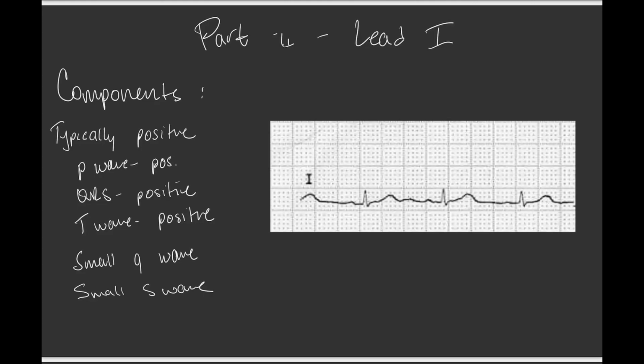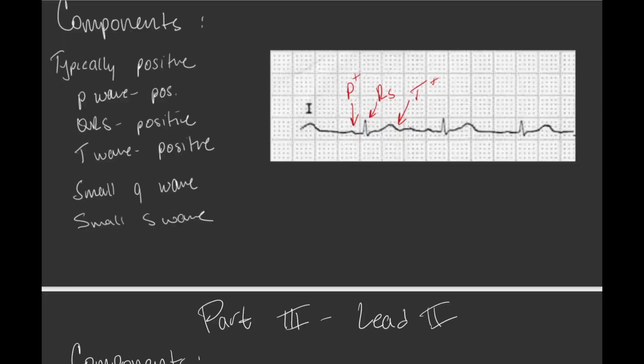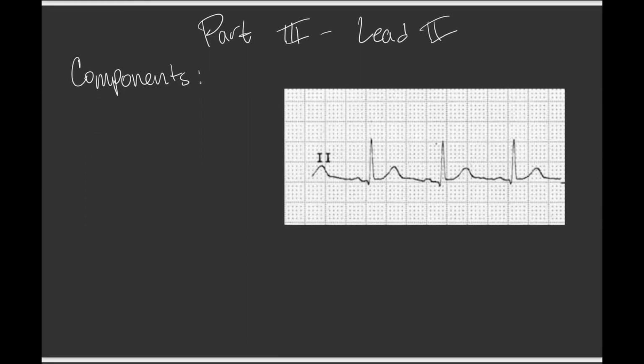So if we look at this example over here, we see that our P wave is positive. Our QRS complex is an RS, which is predominantly positive. And our T wave is positive. In lead 2, we see a very similar story. So typically positive as well.